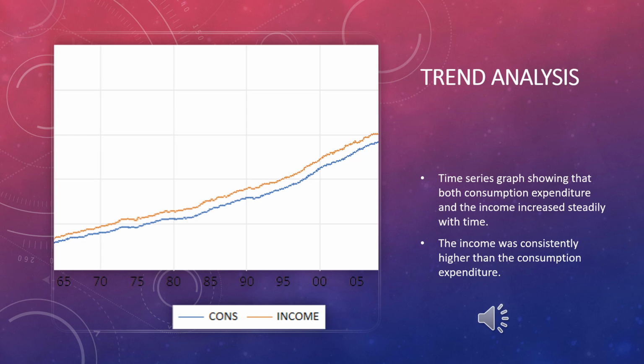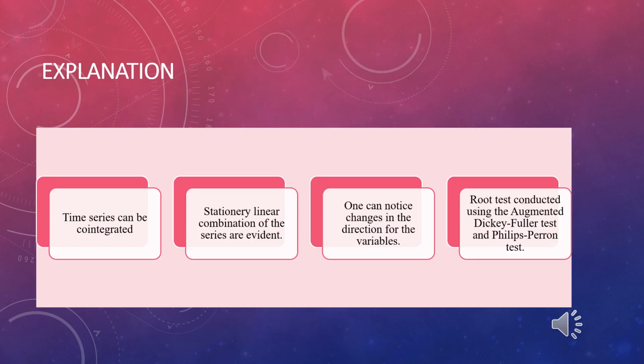To check whether these variables are integrated, the unit root tests, the Augmented Dickey-Fuller test and the Phillips-Perron test, were done. This slide presents the results of the unit root tests.